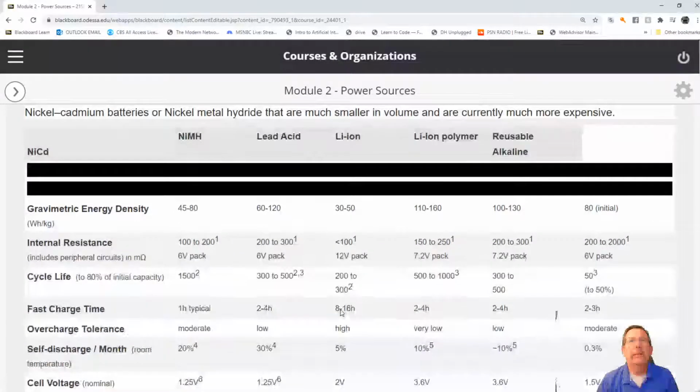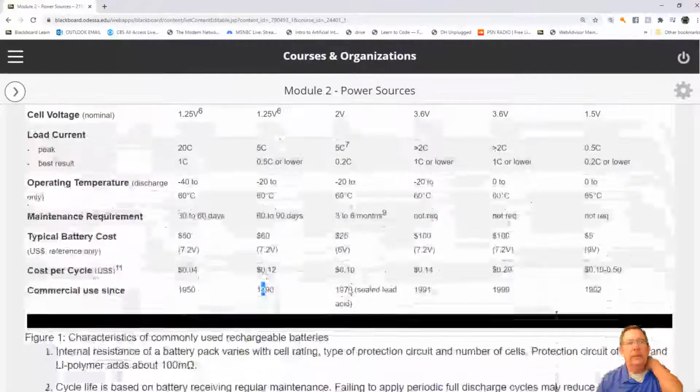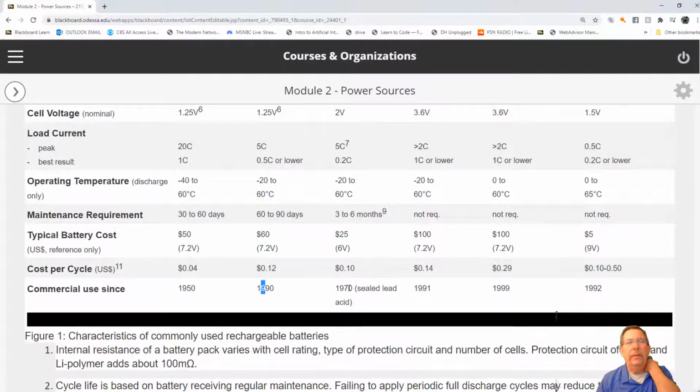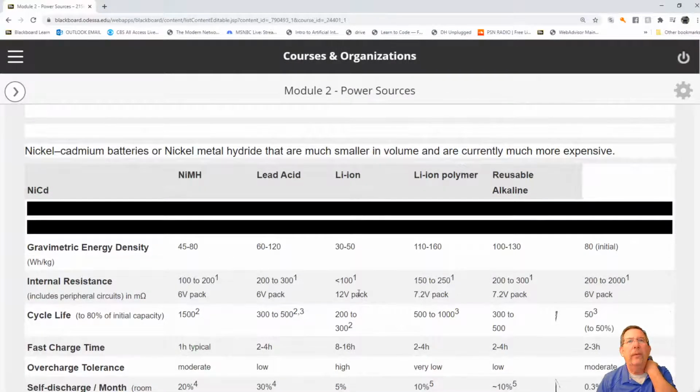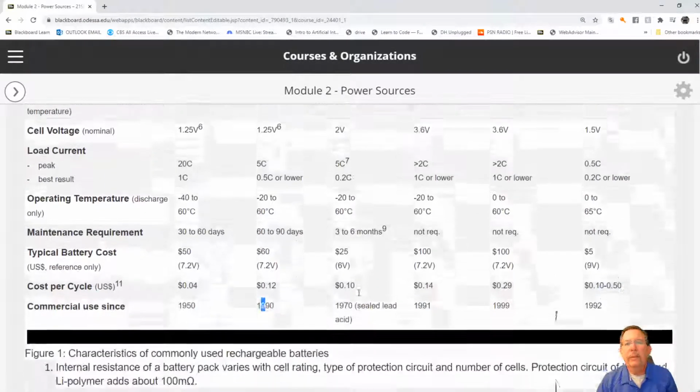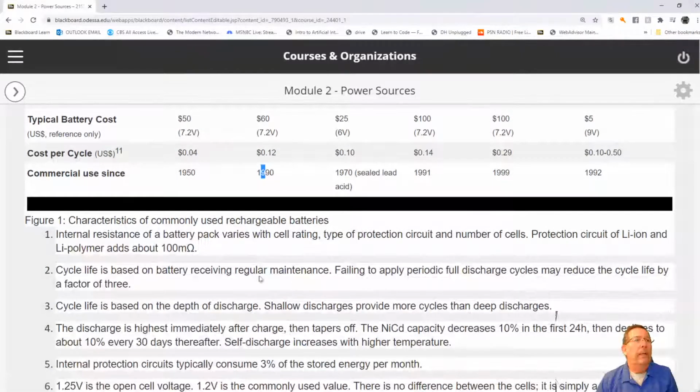This is a sealed lead acid, lithium. Now this one down here doesn't make sense because that says sealed lead acid for the lithium ion. But anyway, some of the characteristics used in rechargeable batteries is internal resistance of the battery, right?